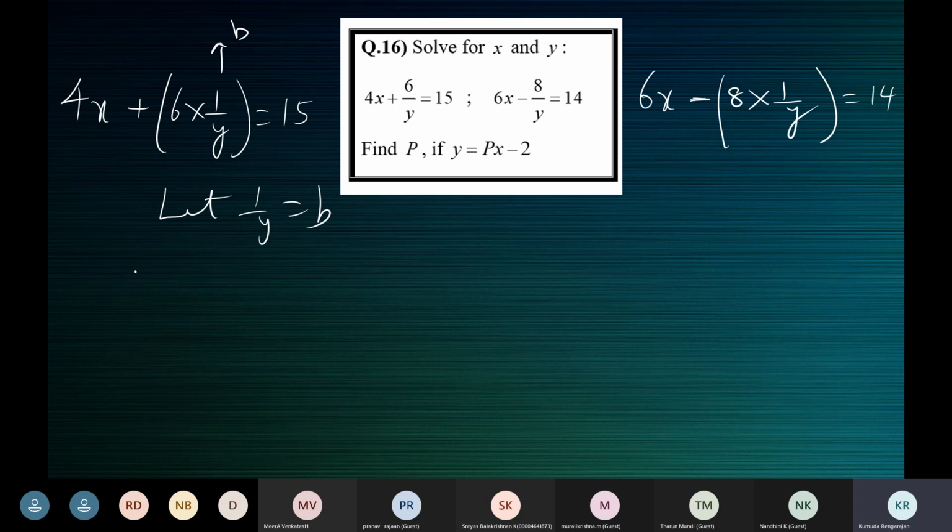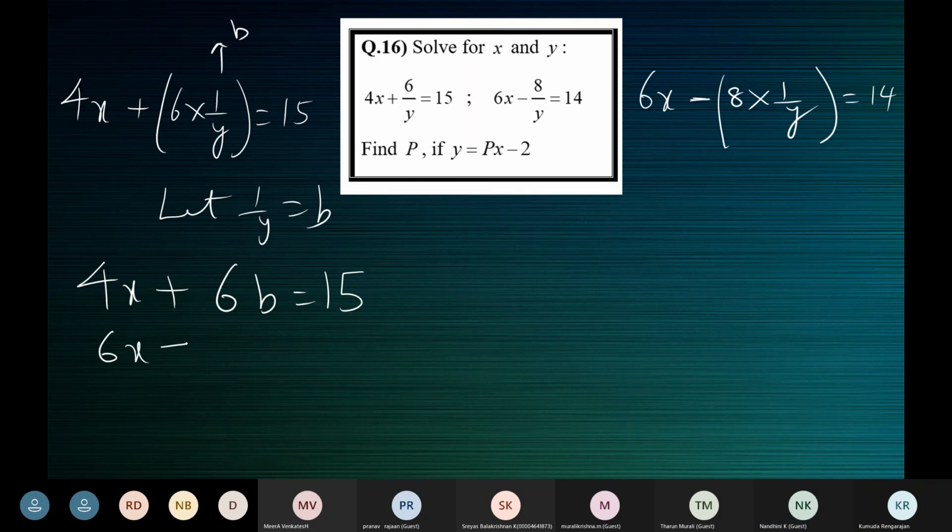So the equations will be what? 4x plus a equal to 10. 4x plus 6a, 6b or a, whatever, is equal to 15. So when you solve these two equations, by any method, you will find the values of what? Which two variables?